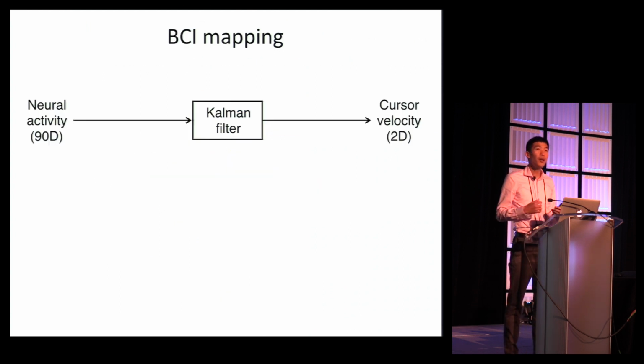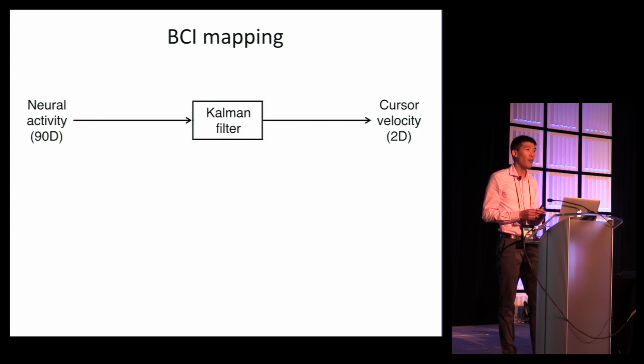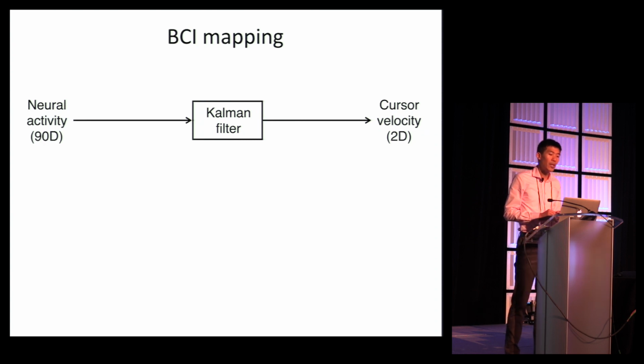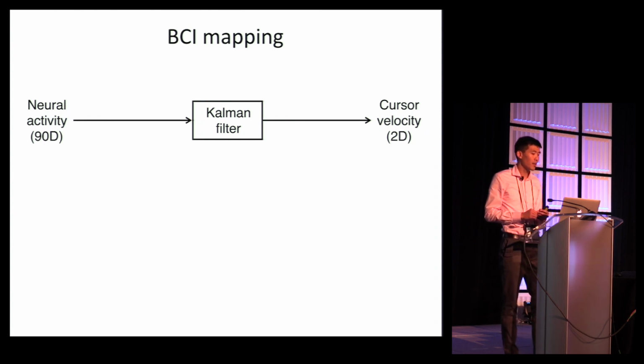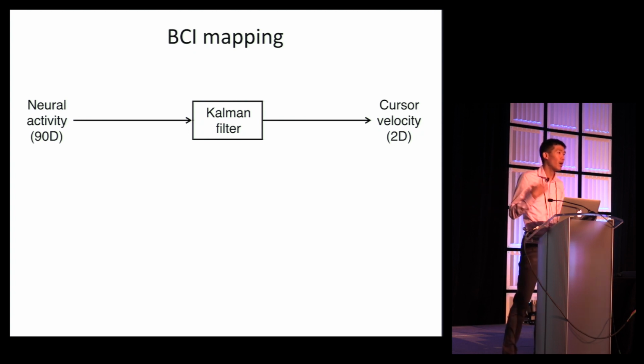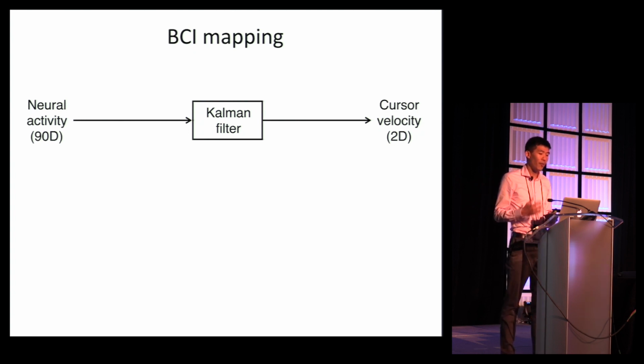Let me tell you a little bit more about how we design the BCI mapping and how we change the mapping. A typical BCI mapping looks like this, where we have neural activity. Typically we're recording from 90 channels of activity, so it's 90-dimensional. We pass it through a Kalman filter, and the Kalman filter produces two-dimensional cursor velocities, horizontal and vertical.